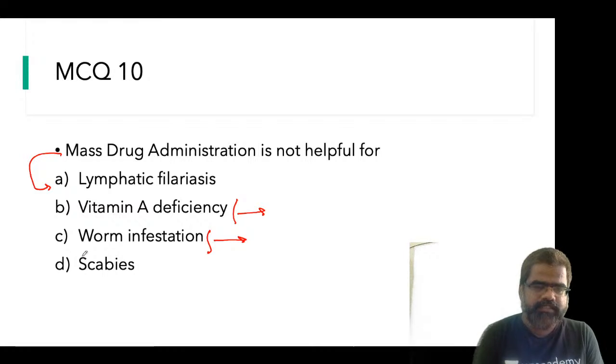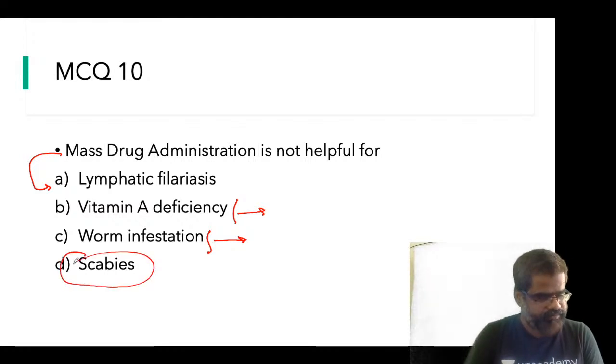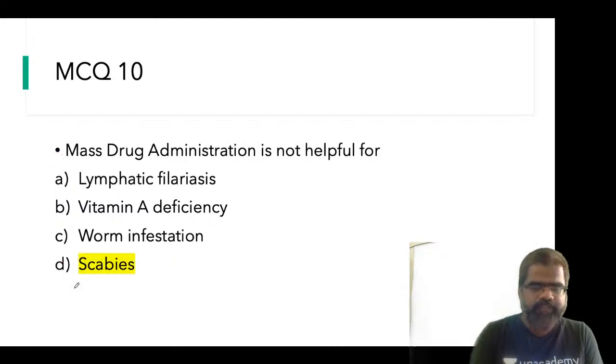Do we give it in scabies also the same way? Have we ever thought whether in scabies we do mass drug administration? No, we don't do mass drug administration. We only give 5% permethrin to that person and the close contacts.